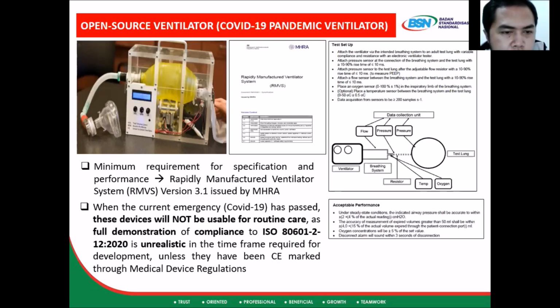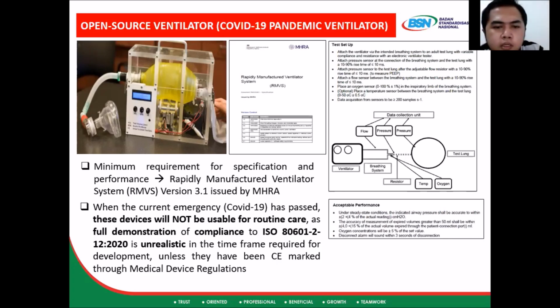And this open source ventilator must comply with the minimum requirement for specification and performance, which is the Rapidly Manufactured Ventilator System, or RMVS, version 3.1 issued by MHRA.